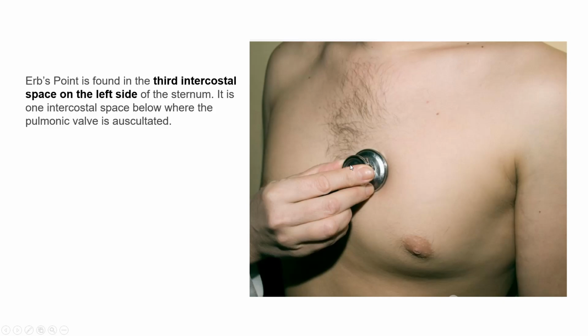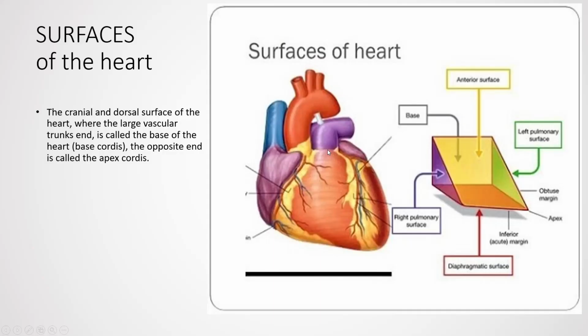It is one intercostal space below where the pulmonary valve is auscultated. Here, like on the other picture, in this region we have the pulmonary valve, and here we have the Erb's point.